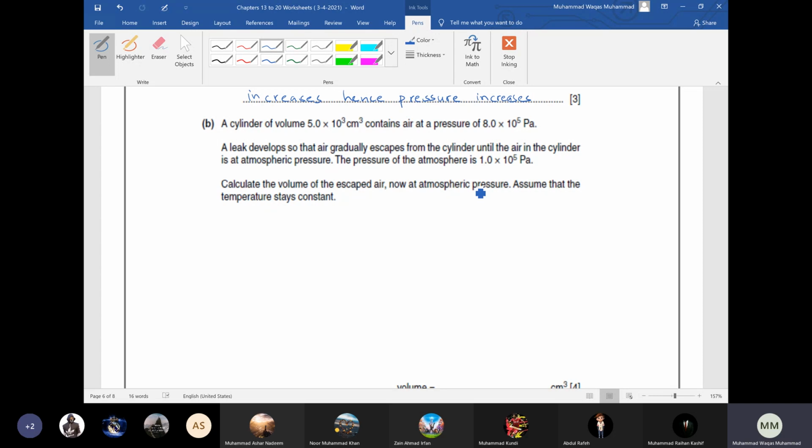Now it contains air, and we know that gases do not have any fixed volume. They fill the whole container they are in, right? So if the air is in a cylinder whose volume is 5.0 times 10 to the power 3 cubic centimeter, the volume of the air would also be 5.0 times 10 to the power 3 cubic centimeter. Getting my point or not?